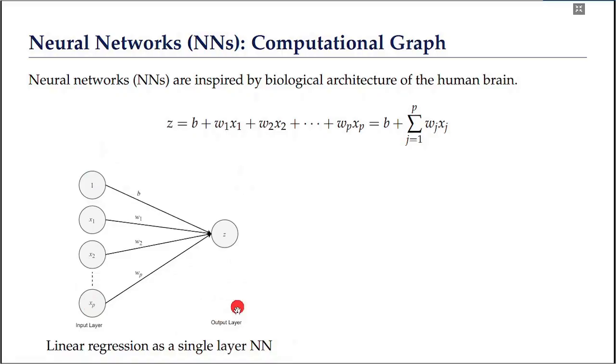In fact, we have two layers, but in naming a neural network model, we do not count the input layer as a layer. Simply, we call this a single layer neural network model, even though the input layer is also a layer, it is not counted in expressing the neural network model. So this is the representation of a multiple linear regression model as a single layer neural network model.